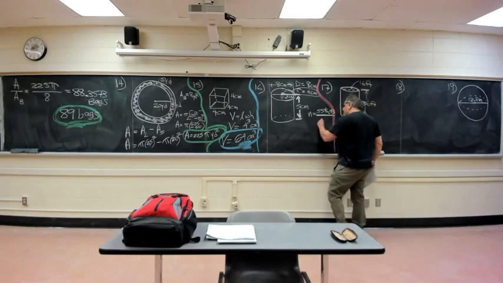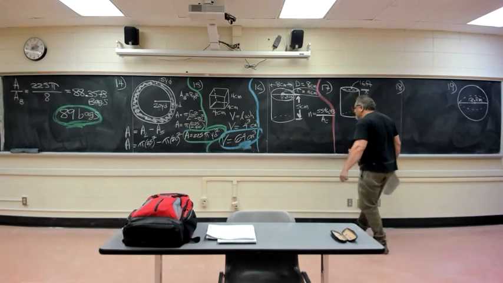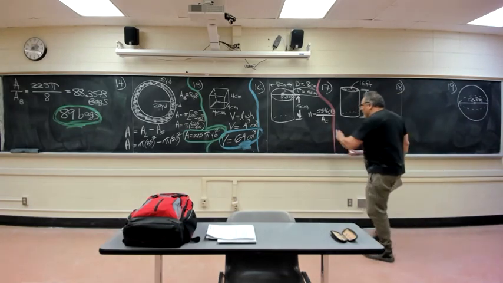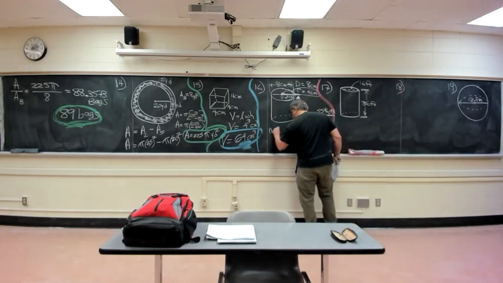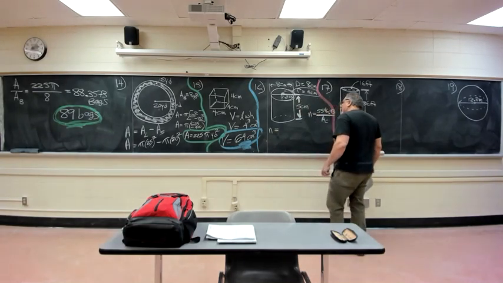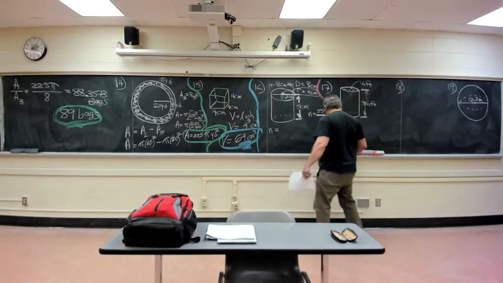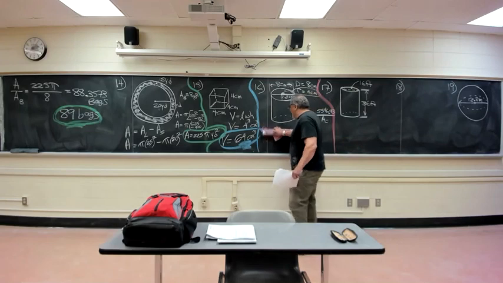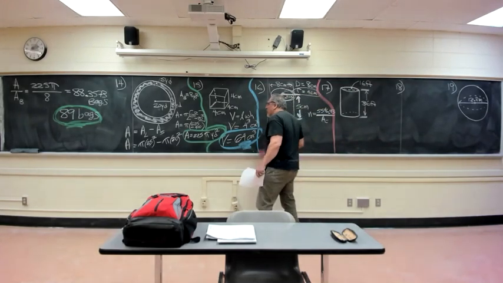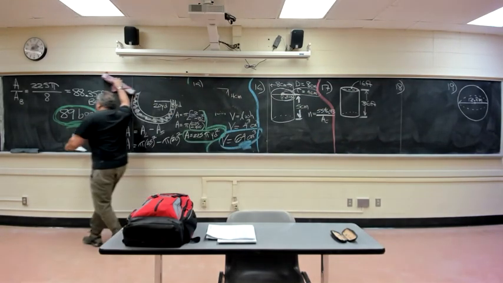Well, what's the area? This is the area of the can. A sub C, let's say. And this is the number that we're going to get. I tell you what I'm going to do. We've already done these.